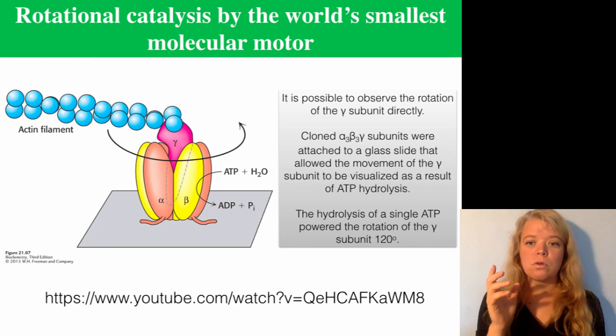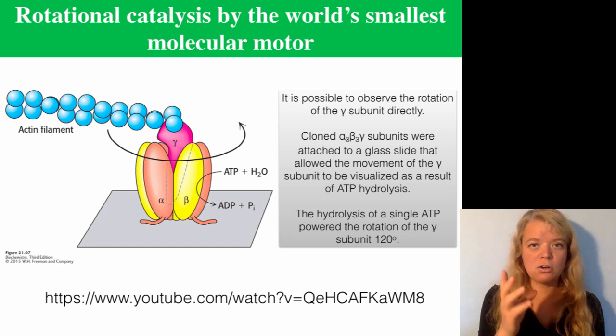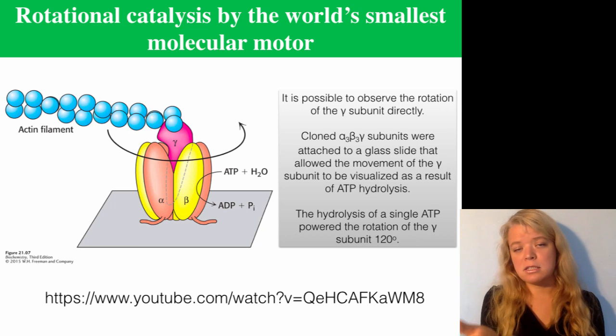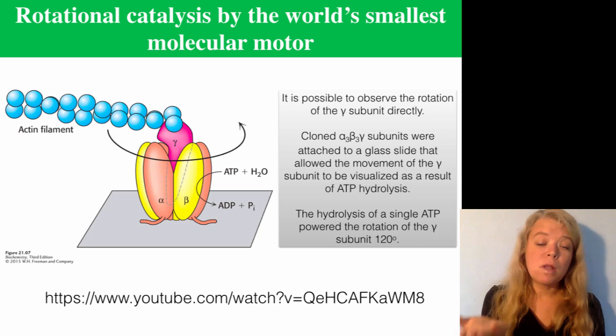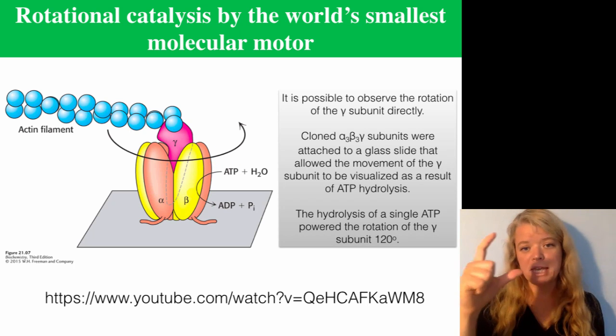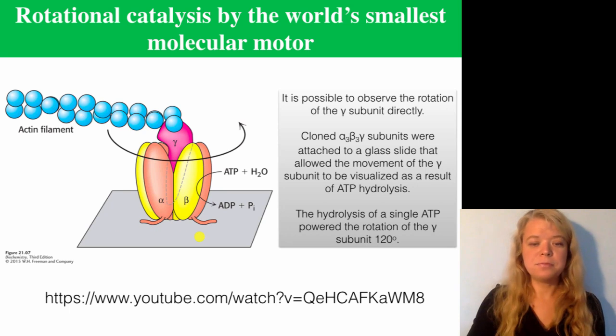So, all of this, as I said, crystal structures are static, so they don't actually visualize the motion of the motor. However, in the previous slide, I said that we know that the ATP synthase performs about 1.3 rotations per second. Well, how do we know that? What has been done is that just the F1 subunit of the ATP synthase was attached to a surface, in this case a glass slide, using various tricks.